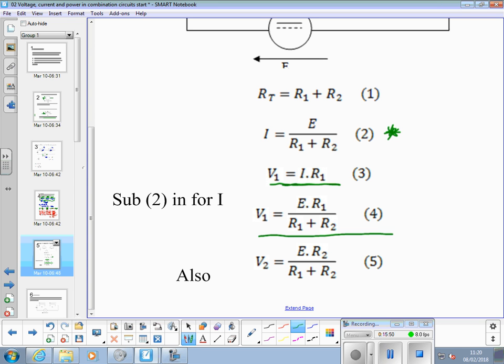Because then this equation would be, with three resistors, you're far better.